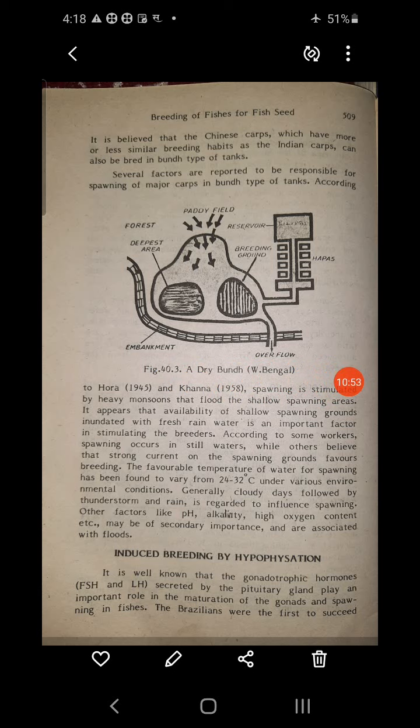Particularly, this method is adopted for the Indian major carps, that is Rohu, Mrigal, Katla, and all the species of interest we have to keep in these bunds.